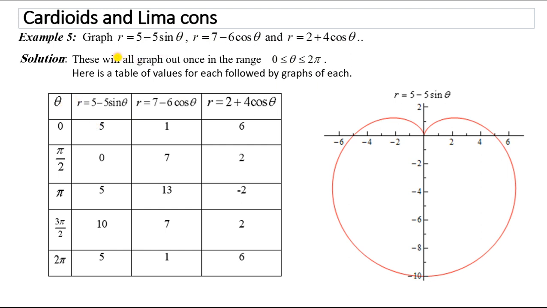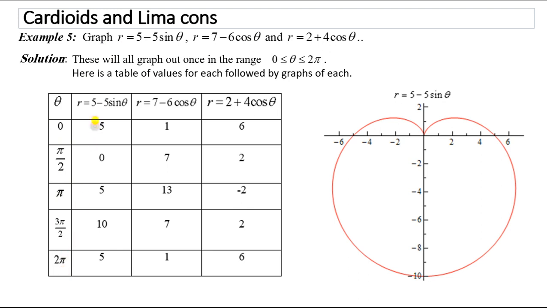Always when I want to sketch the heart, I need θ = 0, π/2, π, 3π/2, 2π. I repeat: if I want to sketch the heart, I need θ from 0 to 2π. I need these angles.